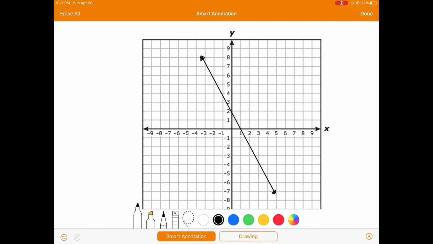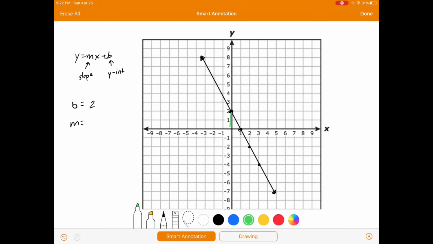Now once again, I want to find my line in the form y = mx + b, where m is my slope and b is my y-intercept. I'm going to find b first because I think that's the easiest part. It crosses at +2. And then for my slope, I can draw in my points, and remember, any of those points will do.